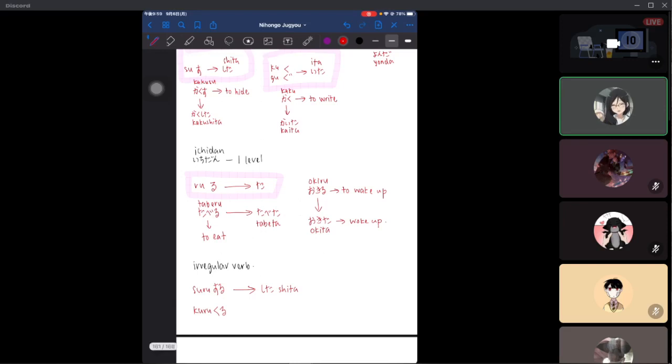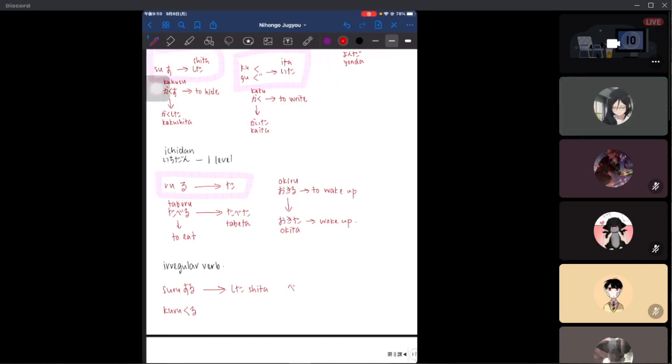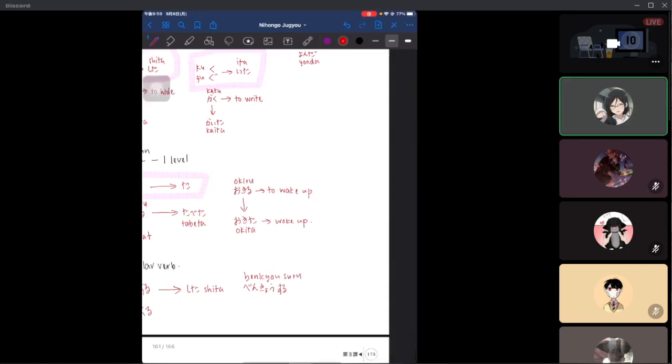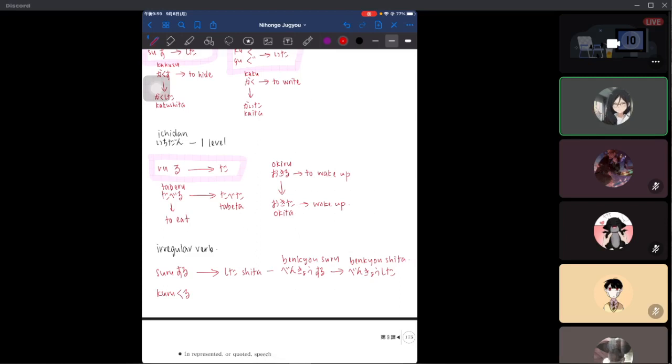For example, 勉強する. So this one is suru, right? So basically you just conjugate it like this, and it will become 勉強した, past tense short form.